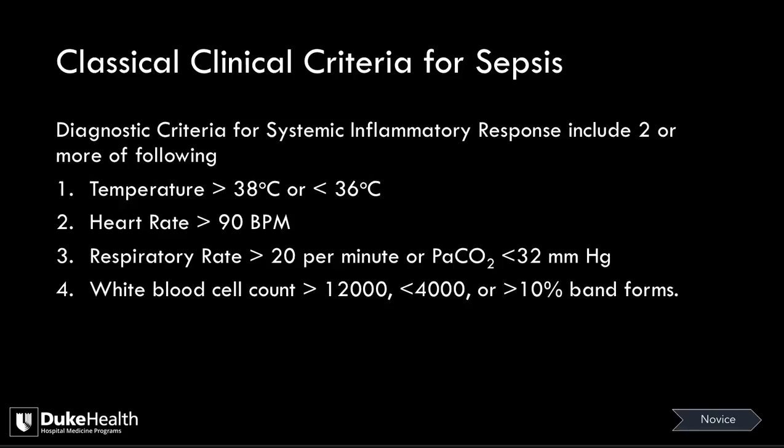A heart rate greater than 90 beats per minute, a respiratory rate greater than 20, or alternatively a PaCO2 less than 32 if you have a blood gas, which makes sense, as if you're breathing more than 20 times per minute, you're going to breathe off CO2, probably to less than that level. A white blood cell count greater than 12,000, a white blood cell count less than 4,000, or 10% immature band forms all can allow you to meet one or more of those criteria.